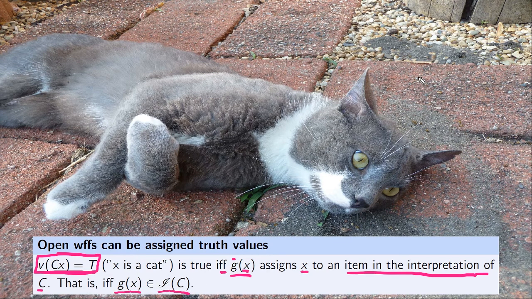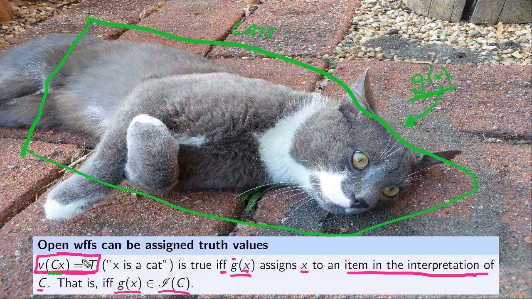So let's just say that we have our variable assignment G and it takes as an input x, and this x picks out this particular cat right here. And this cat, since it is a cat, is in the extension or the interpretation of cats. So Cx would be true because the item picked out by Gx would be found in the interpretation of cats here.